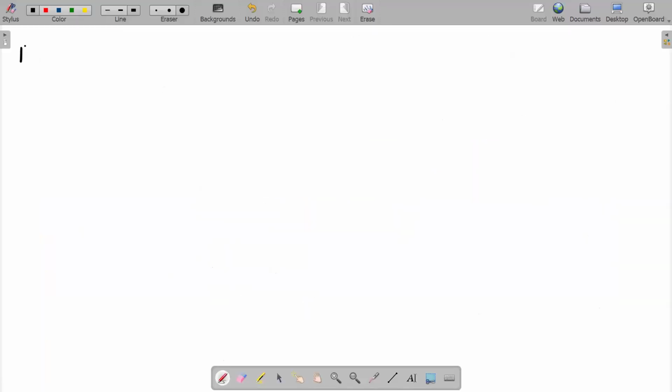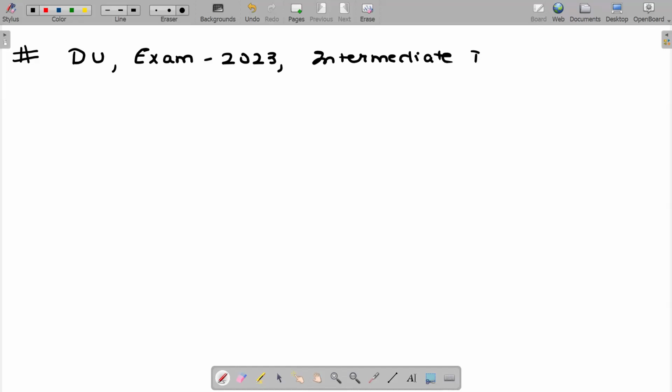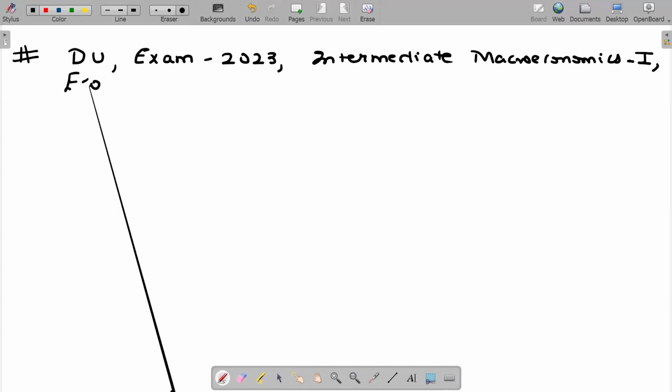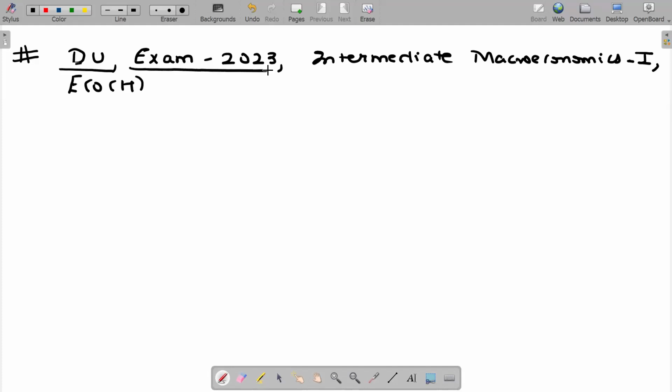I'm just writing the main heading for completeness. We are looking at the Delhi University exam 2023 for the Intermediate Macroeconomics Part 1 course. This is for all those students pursuing economics honors from the University of Delhi.